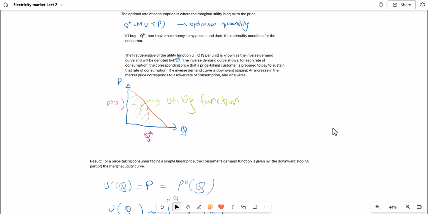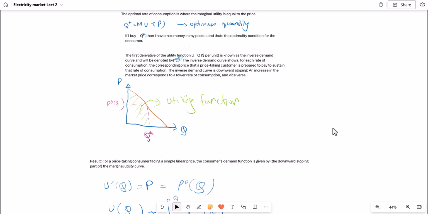For example, if the price of electricity increases, of course you will try to limit your use, and you will tend to use less electricity because you don't want an extra bill. So for a price taking consumer facing a linear price, the consumer's demand function is given by this downward sloping curve, and we explained it.